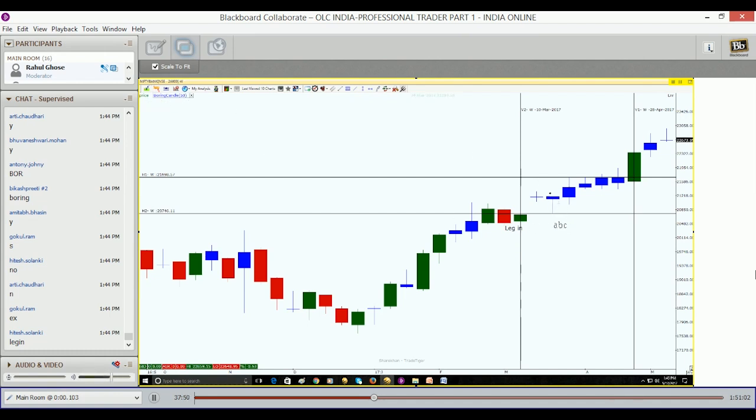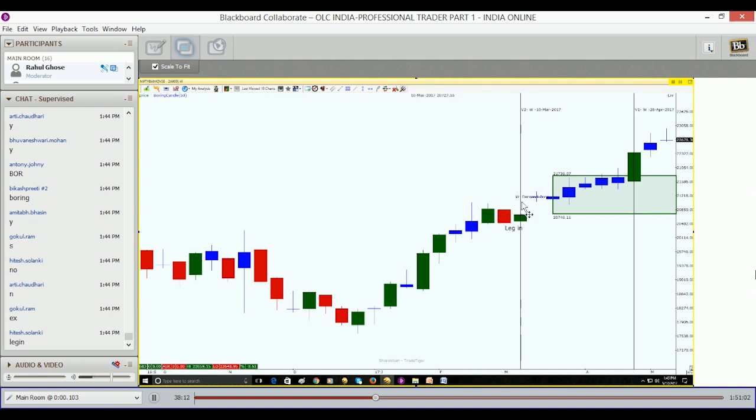Go to the top left corner, select my demand zone tool, and drag and drop my demand zone. I remove this horizontal line, this horizontal line, this vertical line, this vertical line.